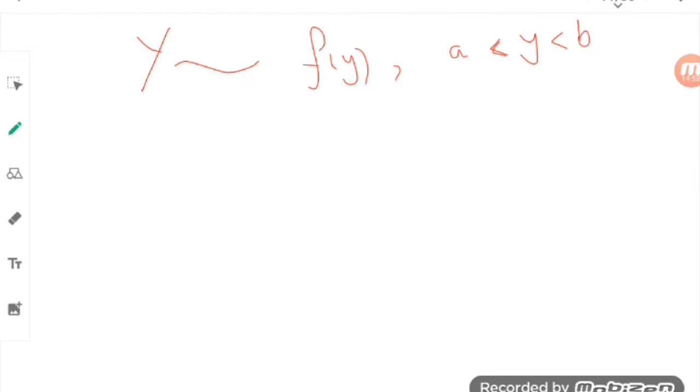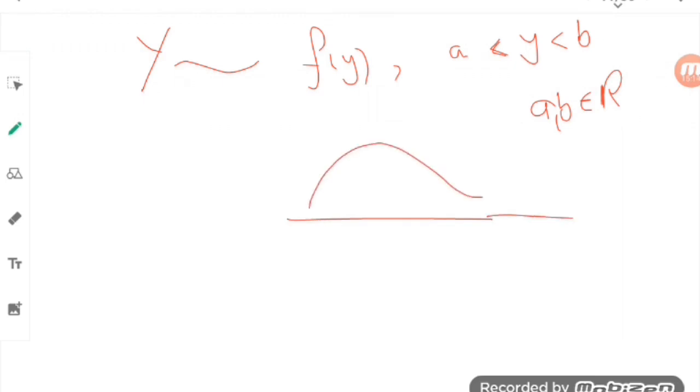I will say a and b are two certain constants that belong to the set of real values. Fine. So the PDF is only defined on the support.